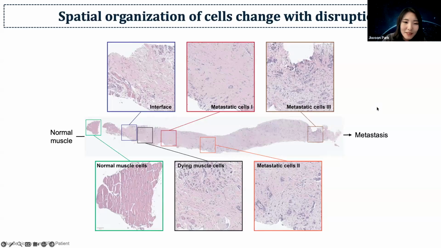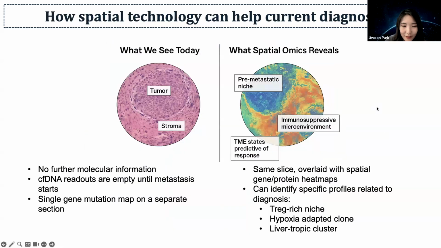And we get to basically marry these two together, right? From the H&E images that we just saw, where we can see, hey, here's a tumor, here's a stroma, here are the normal cells, which is basically a black and white image, to a colored image where we can understand these are pre-metastatic niches.